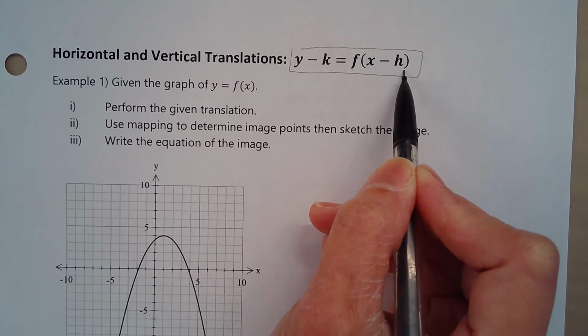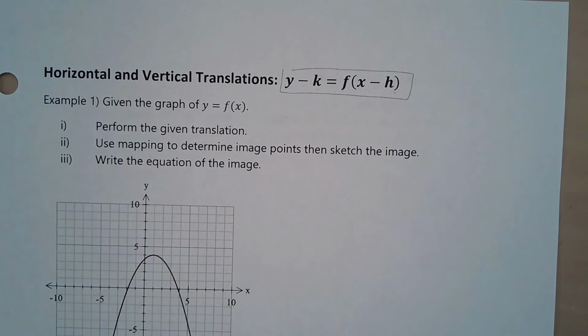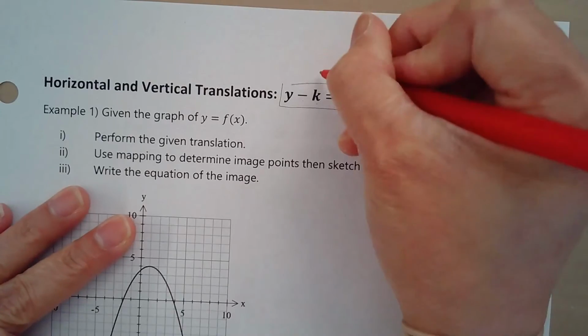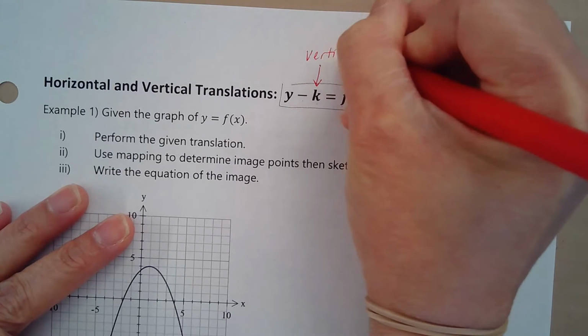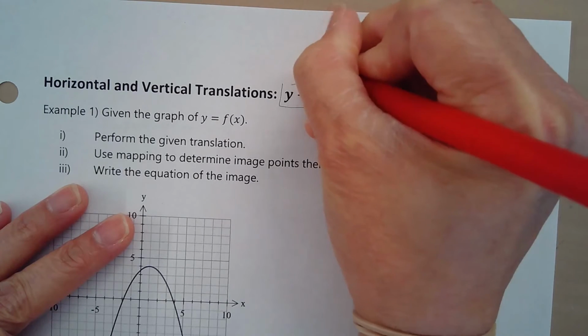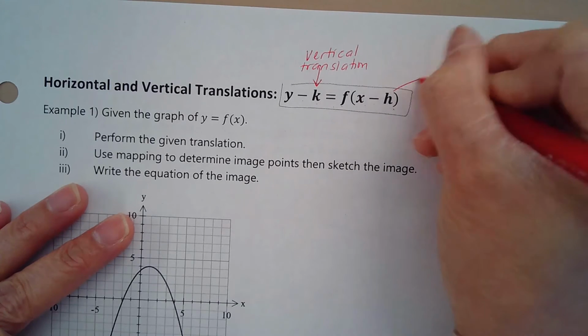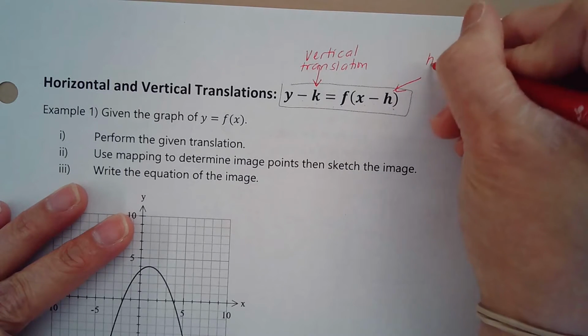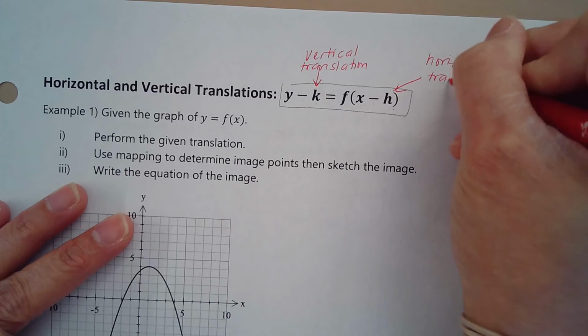H is our horizontal translation. So k will tell us if it's a vertical translation, and h tells us the horizontal translation.